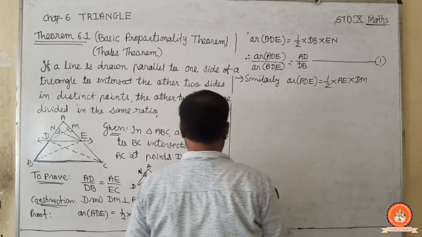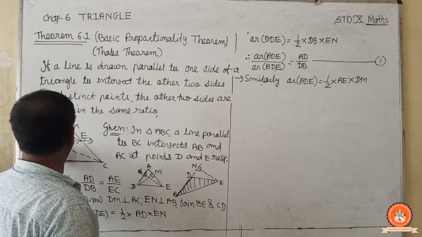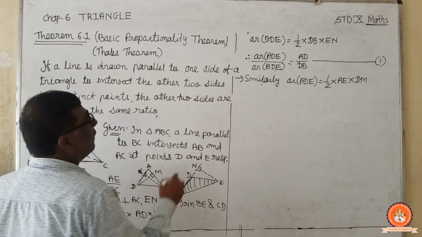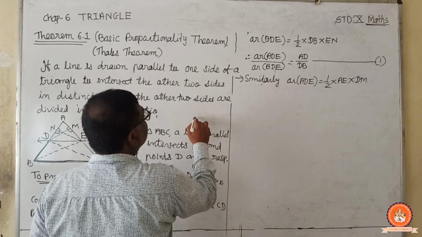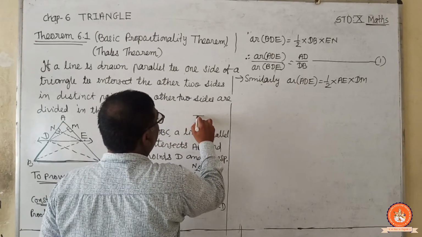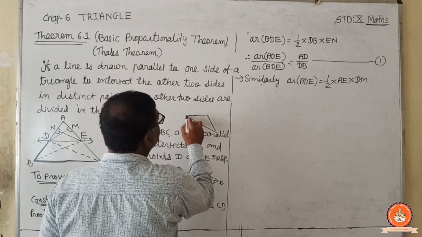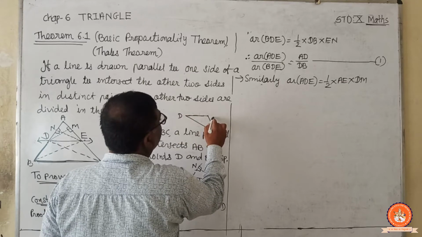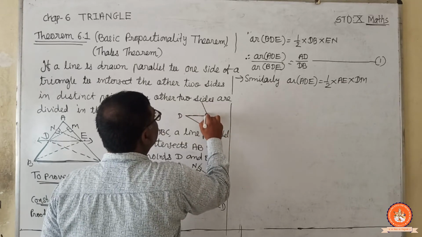Now my friend, look at the other triangle DEC. Think of DEC. Here it is D, here it is E, here it is C. Now its altitude is outside.